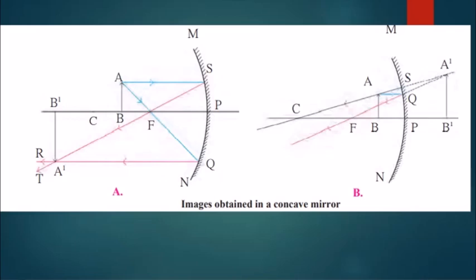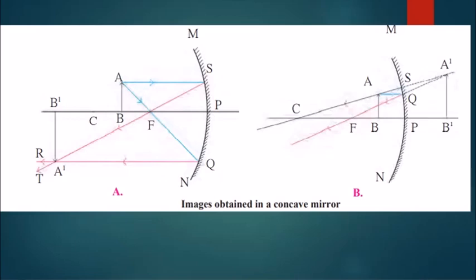Now look at figure B. An object AB is placed between the pole and the focus of the mirror. The incident ray AQ is parallel to the principal axis, and the incident ray AS is in the direction joining A with the center of curvature. In the figure you can see how these rays get reflected and form the image A dash B dash of the object.